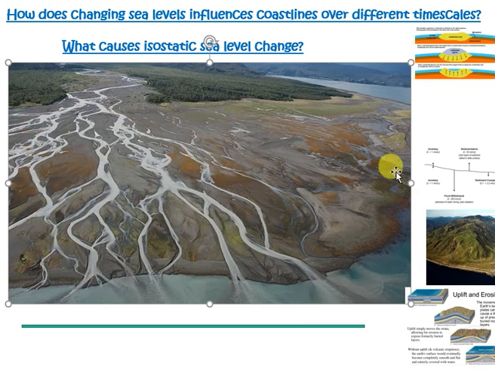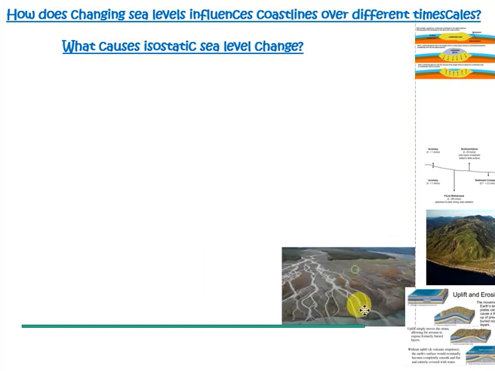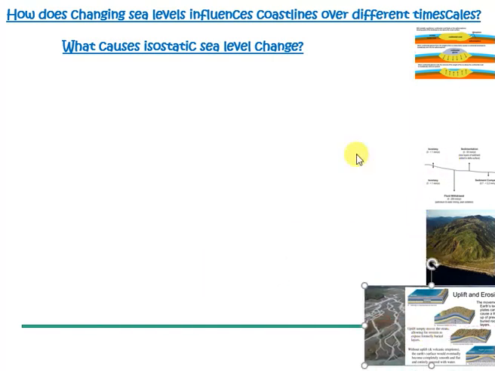Obviously, just in this photograph, you've probably got tens of thousands of tons of sediment that can push down on the continental crust and cause isostatic subsidence in that locality. It's only going to happen in this local area. Nowhere near as significant as the glacier, because there's not as much weight. Okay then.